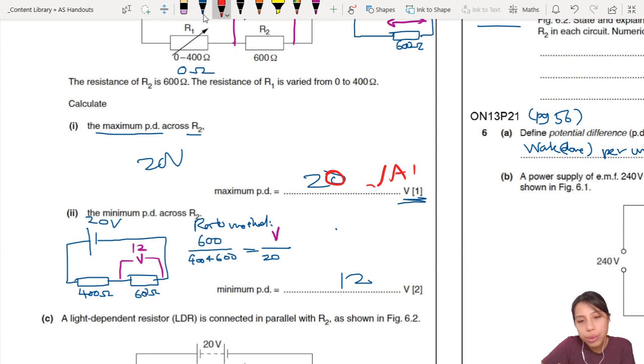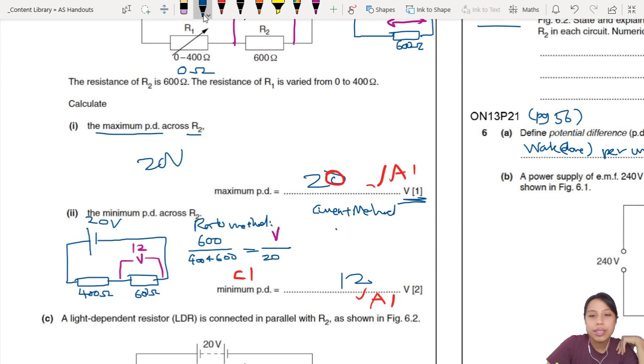Then this one is 2 marks. So 1 comes from you using whatever method. You can find the current and then use the current to find V. Can C1 and then A1. I'll just write out here the current method, which can be quite complicated if your circuit is very complicated. I just write the steps.